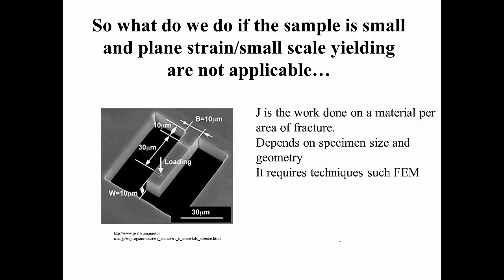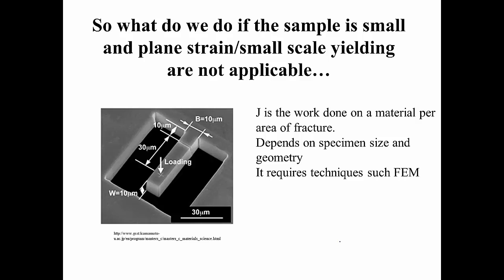Okay, the last thing that I wanted to mention with respect to design is that we have done a lot of work and discussed things related to plane strain fracture toughness and the conditions for small scale yielding.